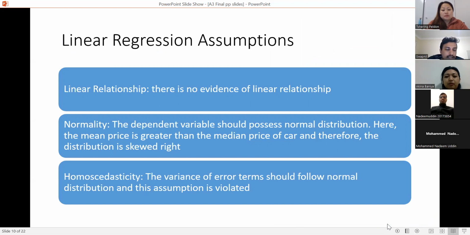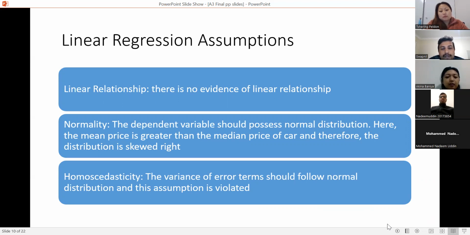The next one is linear regression assumptions. Linearity: there is no evidence of a linear relationship. Normality: the dependent variable should possess a normal distribution.